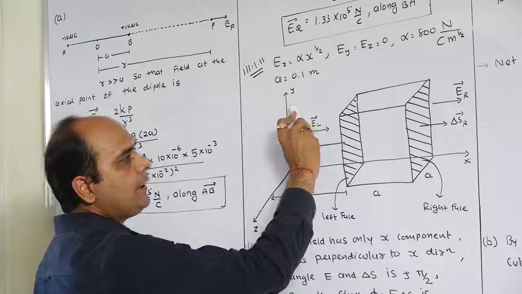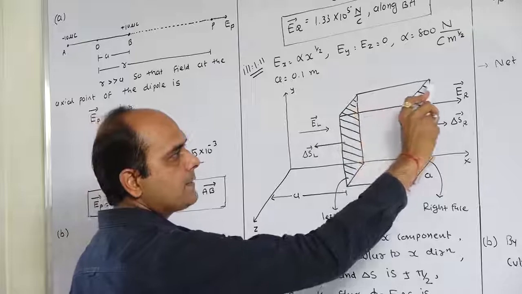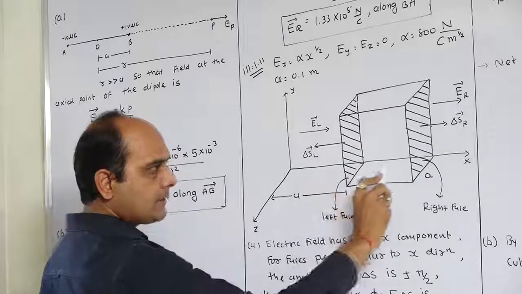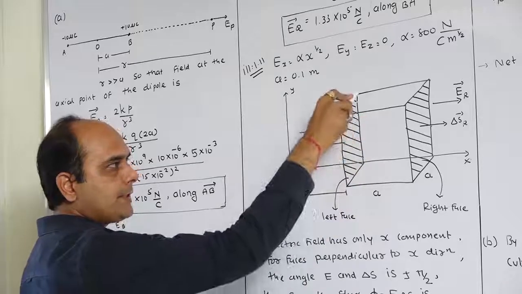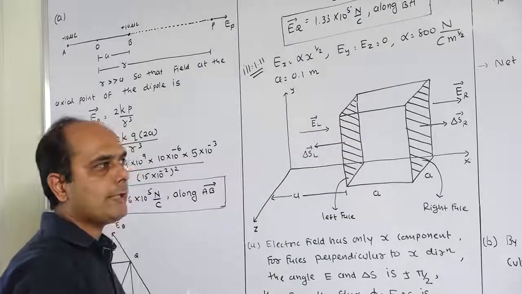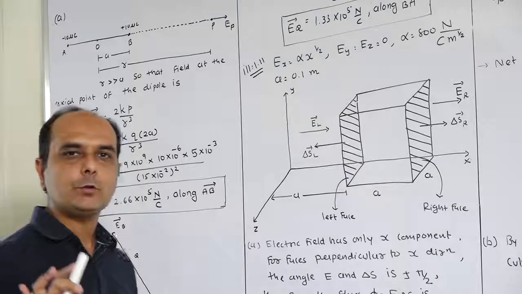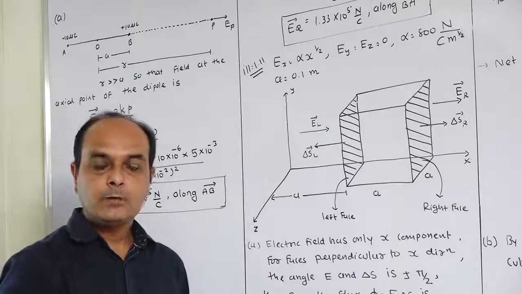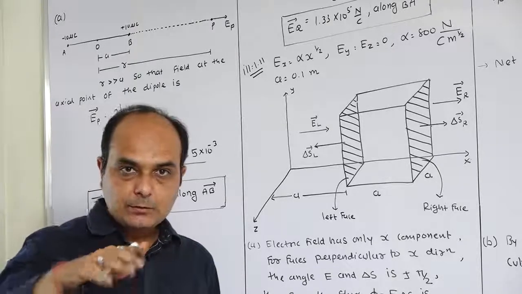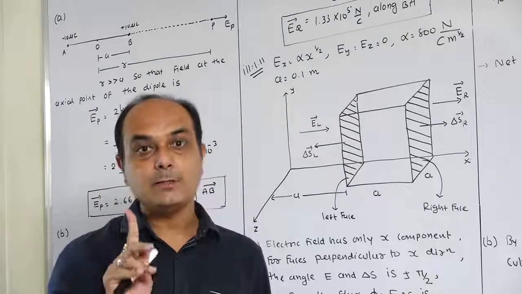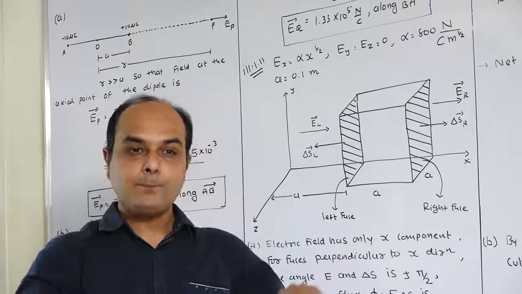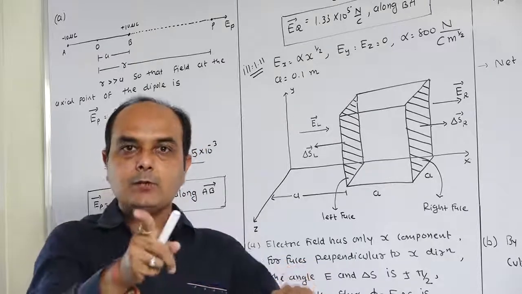Now all the electric field lines are parallel to this upper face. Now some faces are perpendicular to the x-axis, and some faces are parallel to the x-axis. On faces at which the field lines are parallel, flux is 0. So what is the meaning of flux? When the field lines are passing through the plane, then we can calculate flux.